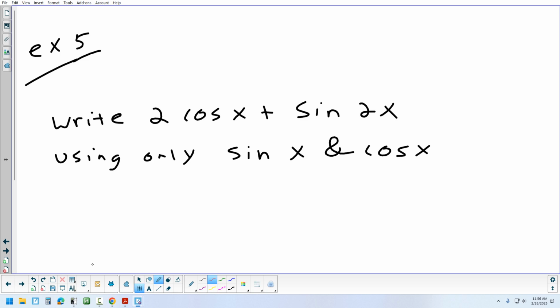No 2's inside. 2's outside is okay. No 2's inside. Is there any part of what they gave us that's already okay? Yeah, we don't need to do anything with this. It's already the way they want it. It has cosine just x.